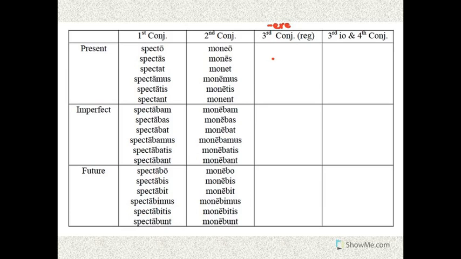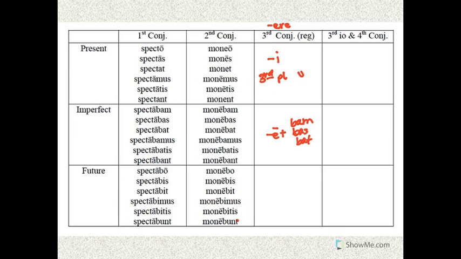And so the third conjugation uses an I for the most part as its thematic vowel. Our one exception is that for the third person plural, our thematic vowel is U. For the imperfect for third conjugation regular verbs, our thematic vowel is a long E before the bam, bas, bat, etc.